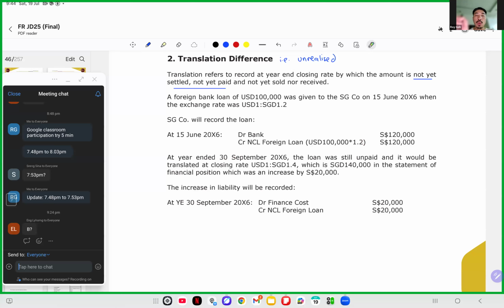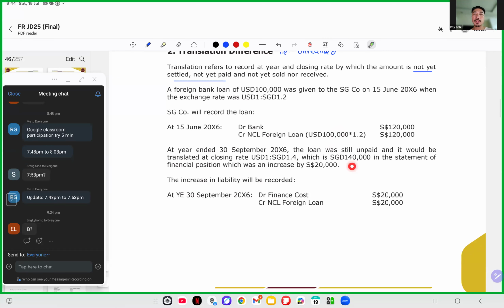At year end, not yet paid, unrealized, not yet settled, and the exchange rate is now 1.4. So I owe them more money, not because I borrowed more. The loan is still 100,000, but I must translate at the closing rate, which is 1.4. So it will show as if I owe them more money, not because I borrowed more. Remember that, please. So when the currency weakens, my liability increases, and I recognize it as an expense, as exchange loss. Interest expense is fine.